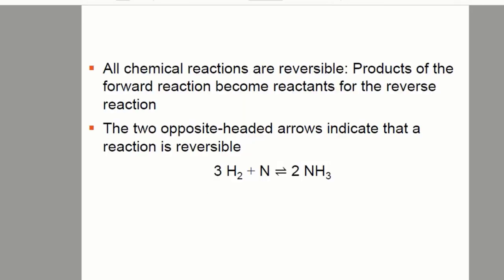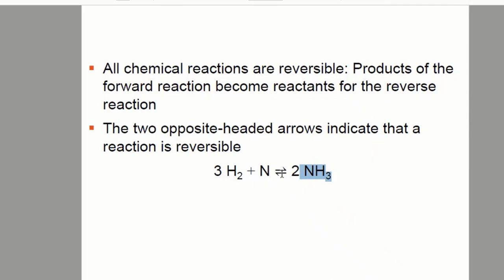And again, another point is that all chemical reactions are reversible. Reversible, I will explain, means that the product of the forward reaction becomes the reactants for the reverse reaction. And the two opposite-headed arrows indicate that the reaction is reversible. So what they mean by that is that you can also formulate where it comes from, or you can deduce it.